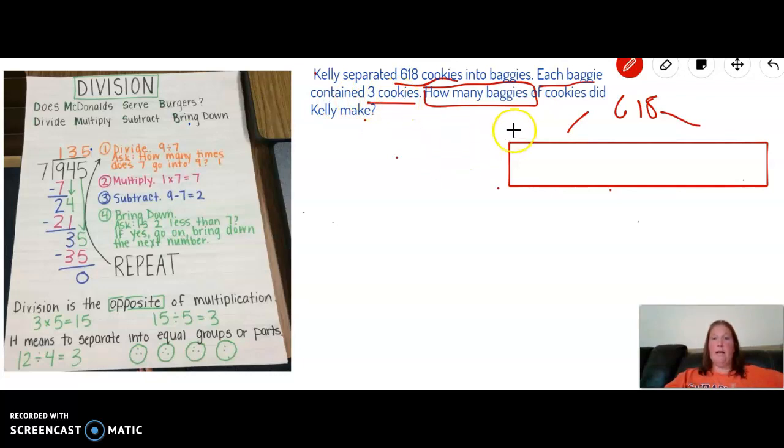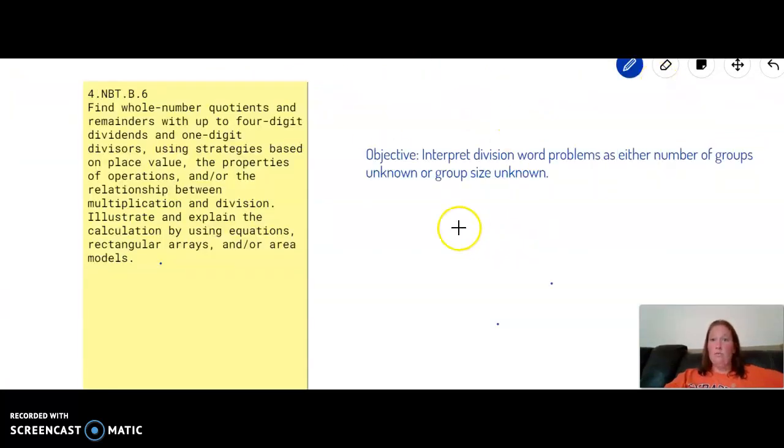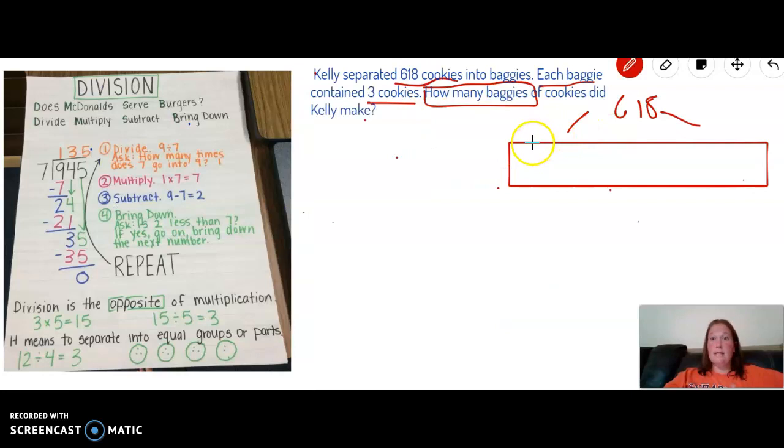They're asking us how many baggies of cookies did Kelly make? So the unknown right now is we do not know the number of groups, okay? We know the size of the group because the size of the groups are 3. Each group is going to have 3 cookies in it. But we do not know the number of groups. That's what we need to figure out. So this would be 3 all the way until we get to the 618. Okay, so we need to divide.